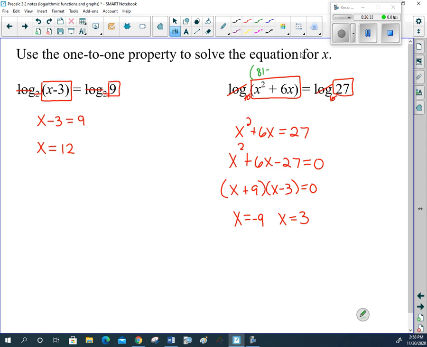I don't know where that number came from. Sorry. Wasn't paying attention. So this is a negative 54.